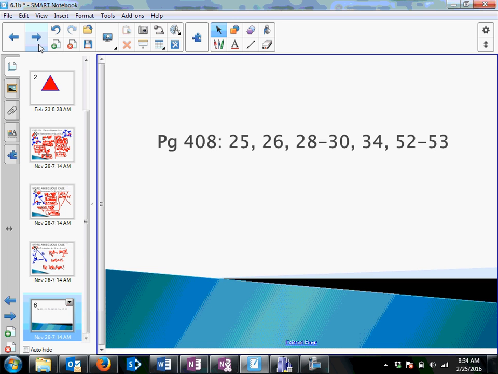Okay, so your homework, I have more confidence in this assignment. I know for a fact that you have 6 triangles to solve. Three different cases.